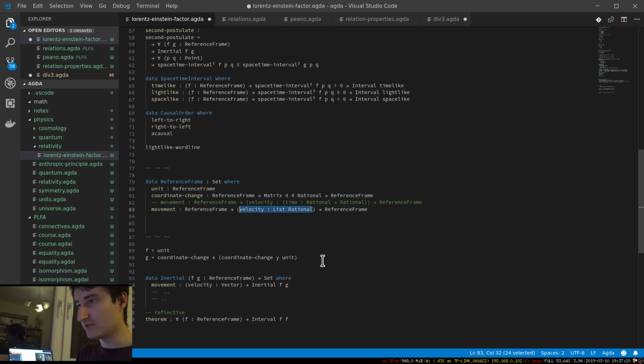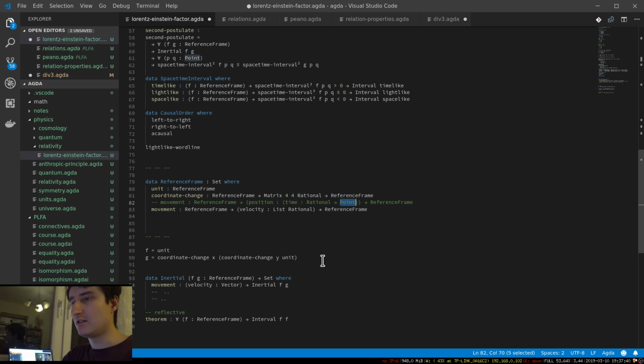We could also specify movement as not velocity but rather position, from rational to a point, which is our point in space-time.